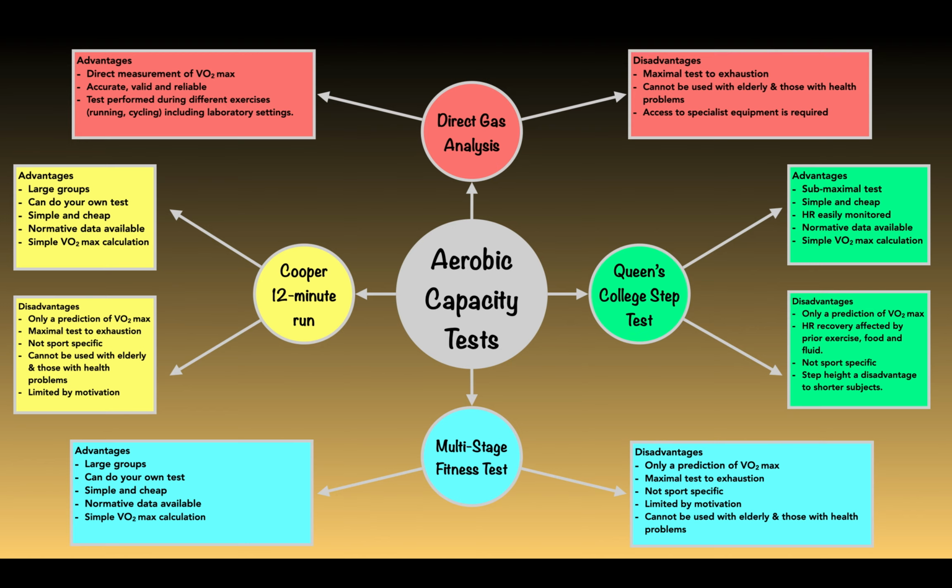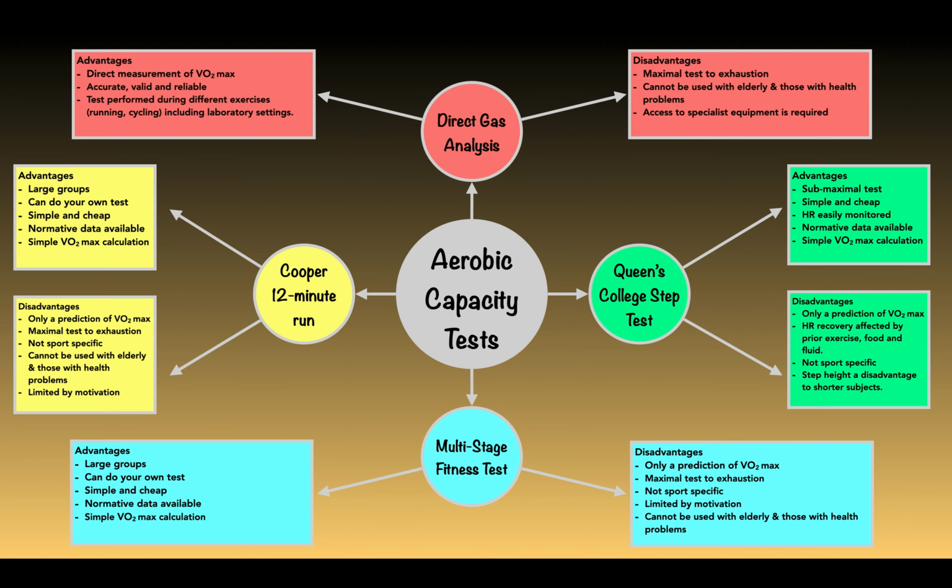Steps will be taken at a rate of 24 steps per minute for men and 22 steps per minute for women. Heart rate is taken 5 seconds after completing the test, and the heart rate is taken for a total of 15 seconds. The heart rate recovery is used to predict VO2 max with a simple equation. Okay, so this is a submaximal test.